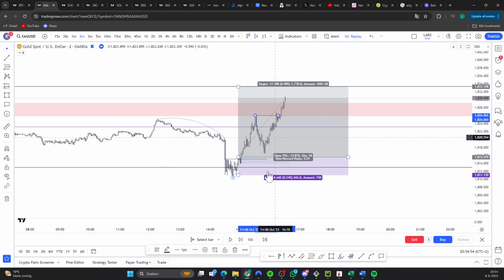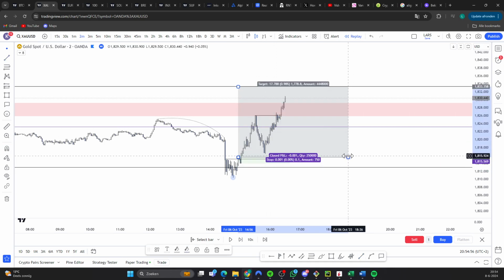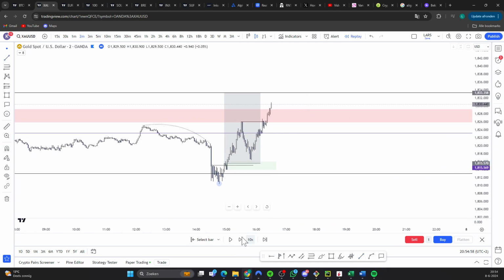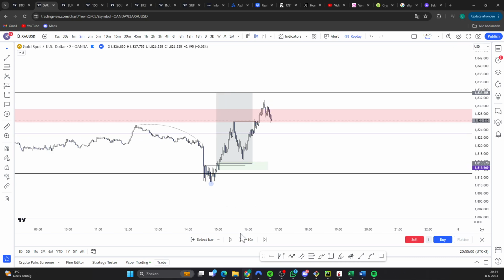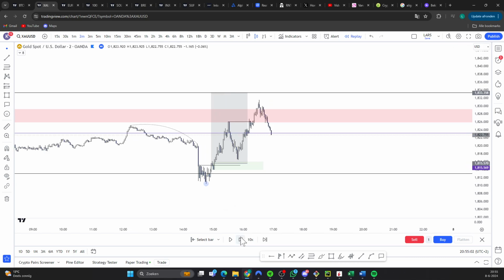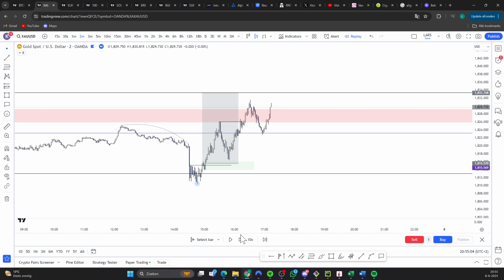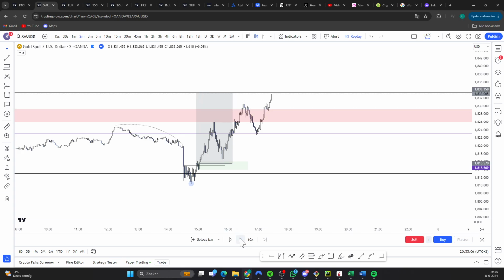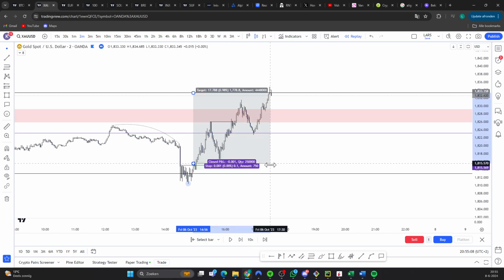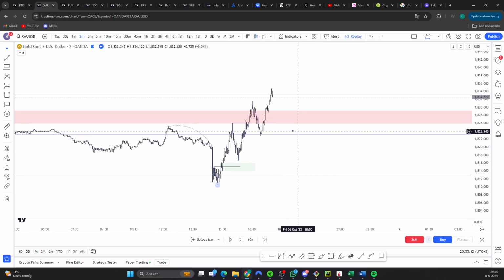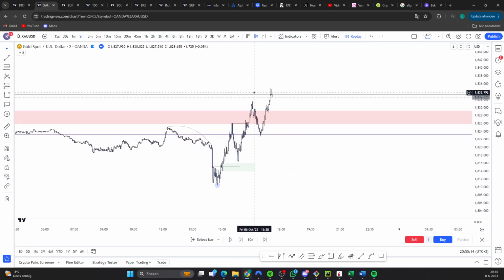Now we have a higher low, a higher high. I would de-risk myself on this position. And we would hit TP. Okay, so we would have an 8% gain here.